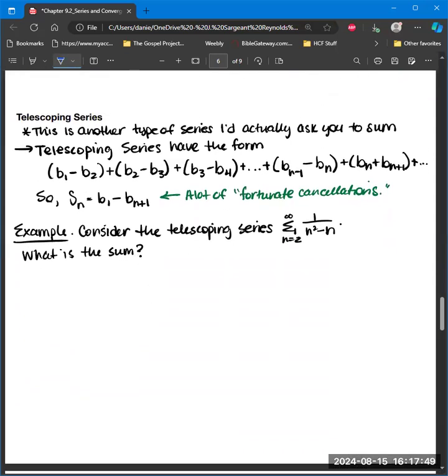Next thing that we're going to talk about in this section is a telescoping series. So this is another type of series that you'll actually be asked to sum. A telescoping series has the form of b1 minus b2 plus b2 minus b3 plus b3 minus b4, dot, dot, dot. And these cancel each other out along here.